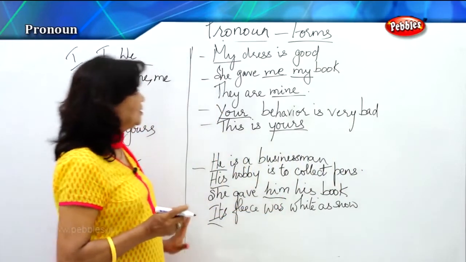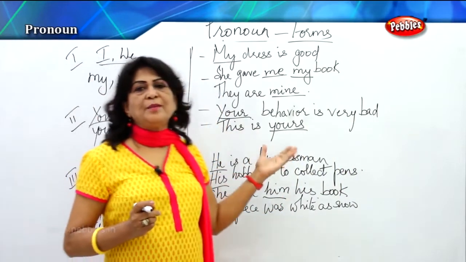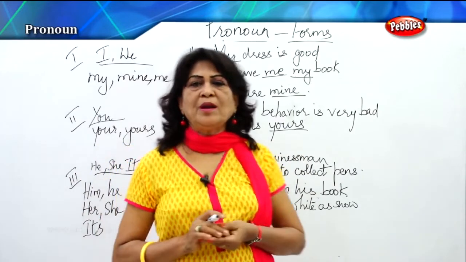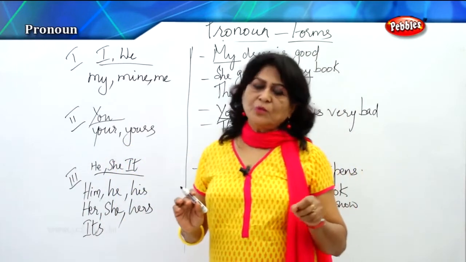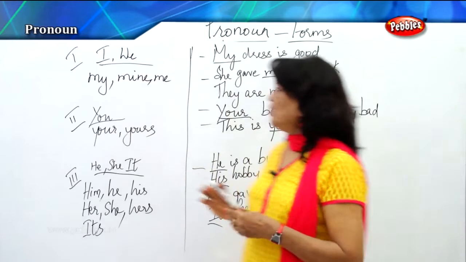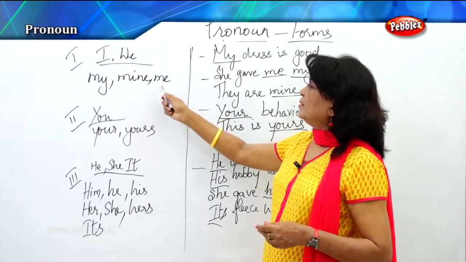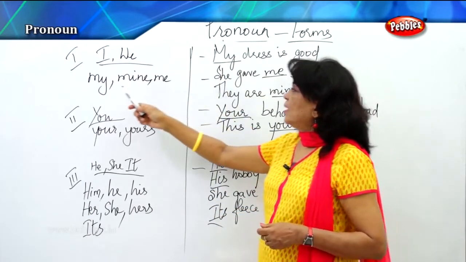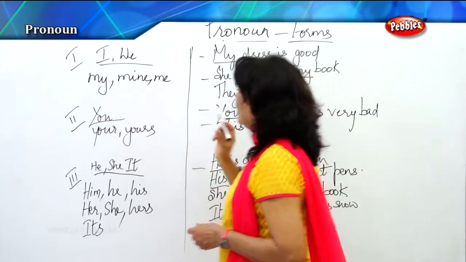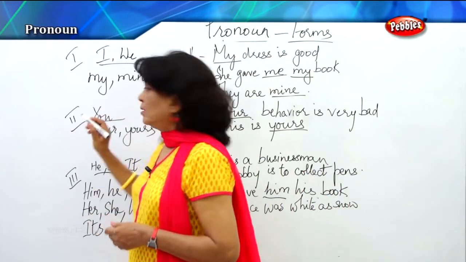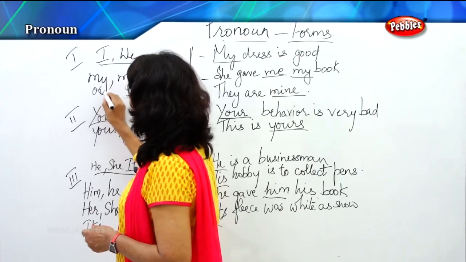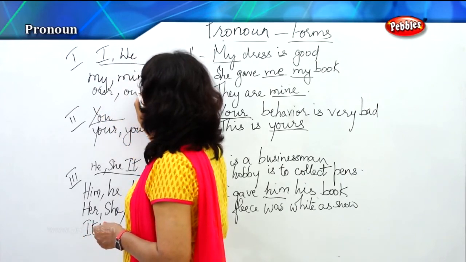So, do you understand how the forms can be used in pronouns? Now I am going to give you some more sentences to check whether you have understood. Under first person, the forms that we use are my, mine, me, and I forgot the plural, our and ours.